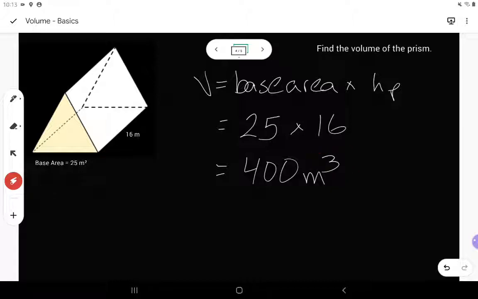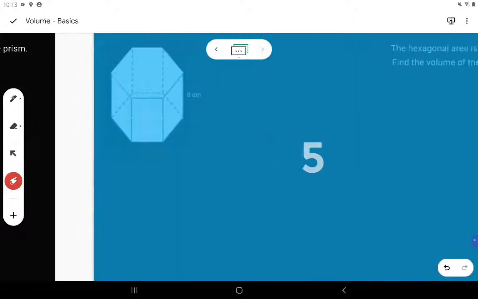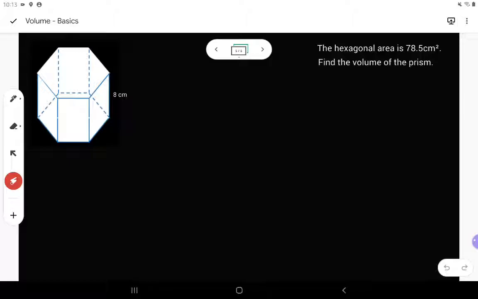Now, this does work for any prism where it's a right-angled prism. So if I was to give you something like a hexagonal prism, where my base area is this hexagon, right? The same rules still apply as long as this is a prism where all these sides coming up off of the hexagon on the bottom there are all meeting with that base at a 90-degree angle all around, this still follows the same rule.